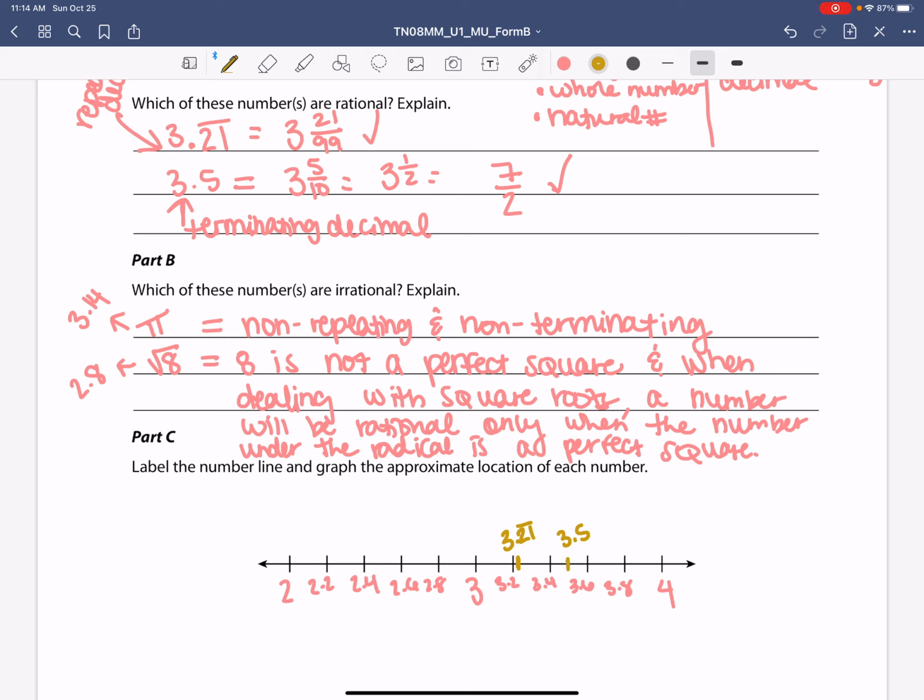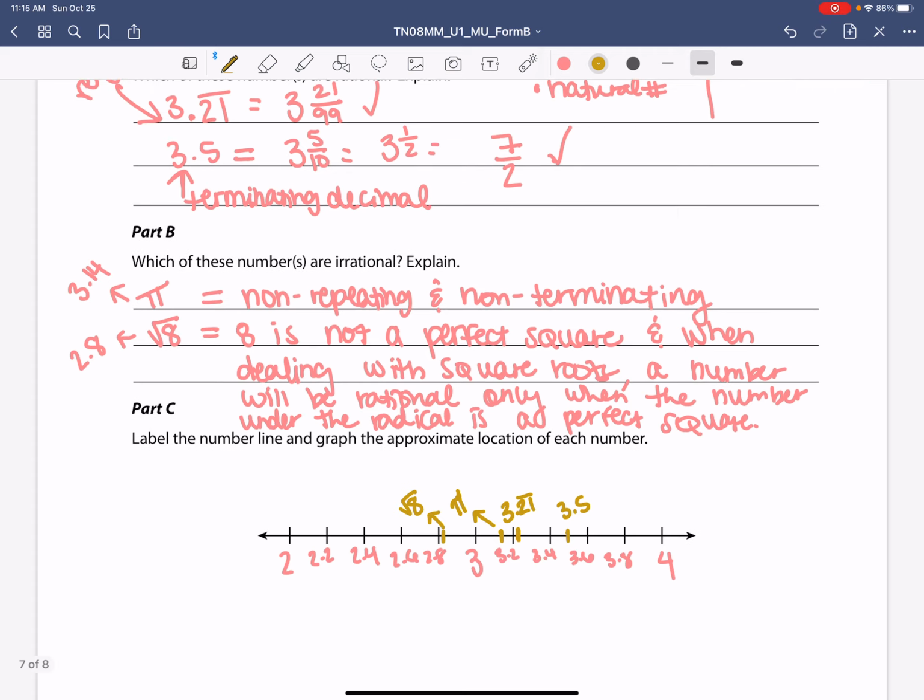That's our pi. And finally, our square root of 8, which is around 2.8, so it is just a little bit above 2.8, so we'll have it here. That's our square root of 8. You didn't have to label your number line exactly like I did. This is just what I wanted to do.